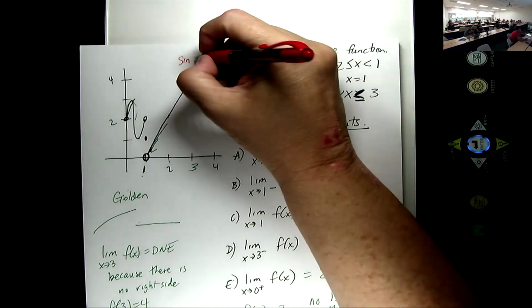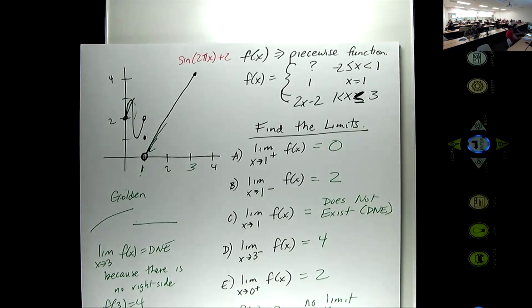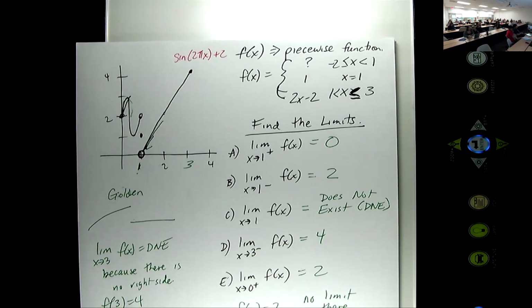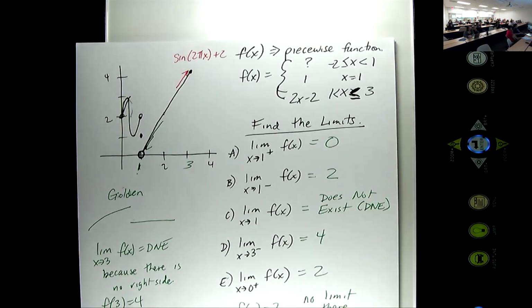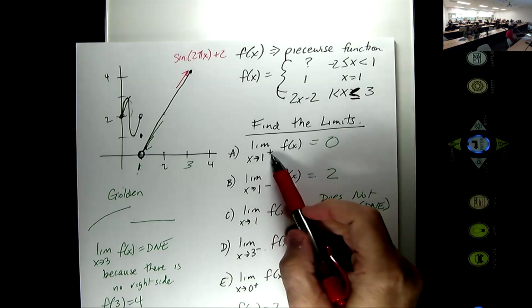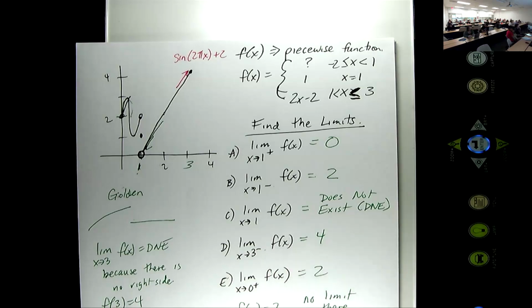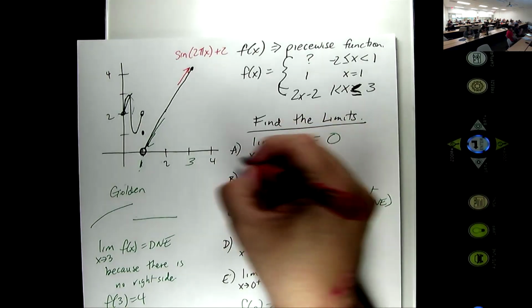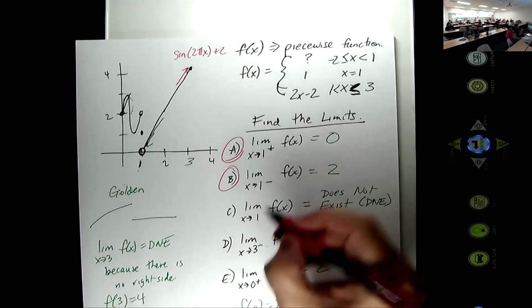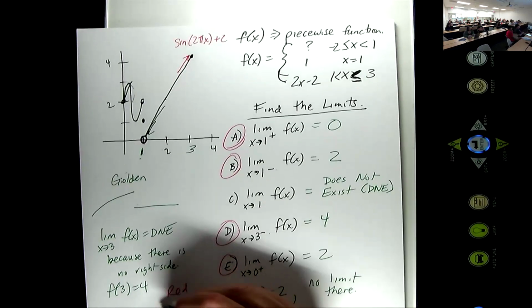Wait, so how does the limit as x approaches 3 from the left side equal 4? Because that's what it's approaching. So we can have values for the plus or minus approach. These, the red ones, are one-sided limits.